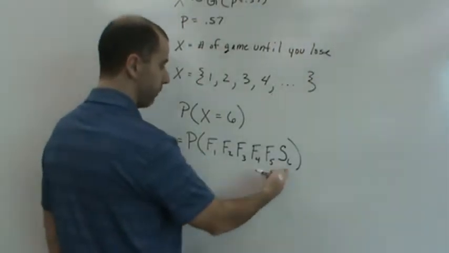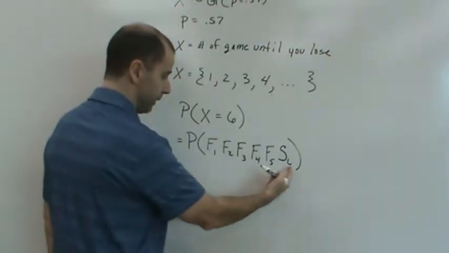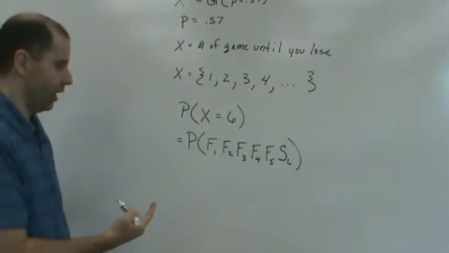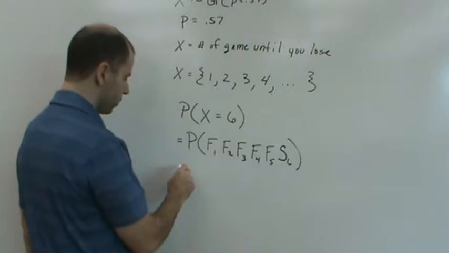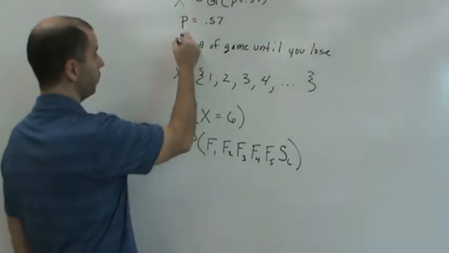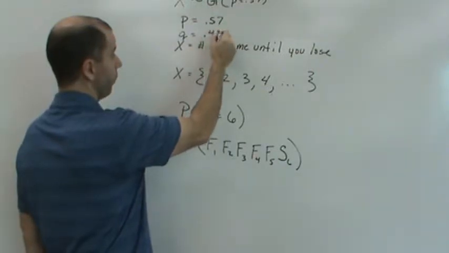Well, just like we did with binomial, since these are independent events, each game, each trial is independent, we can use the multiplication rule here. So we can just use P and Q. Remember P and Q? So Q here is equal to what? 0.43.